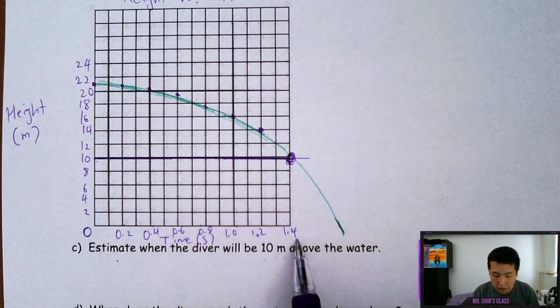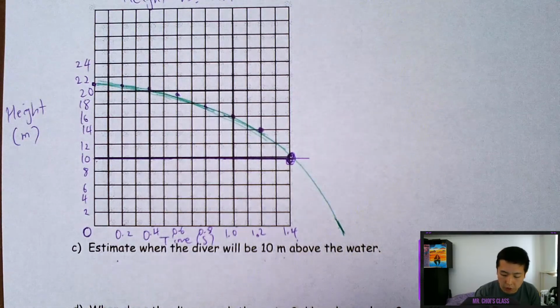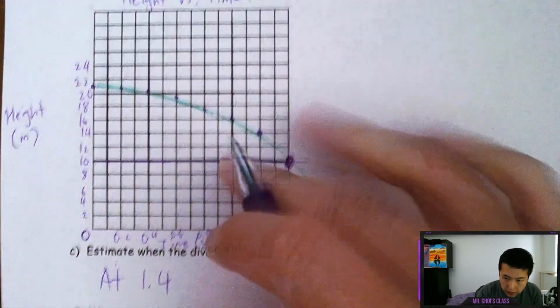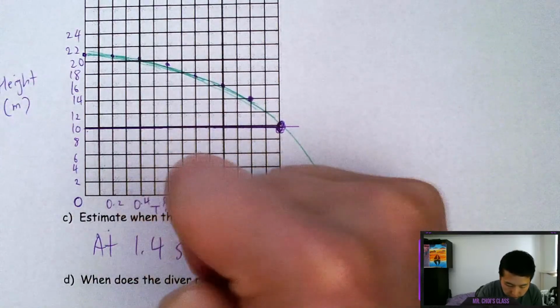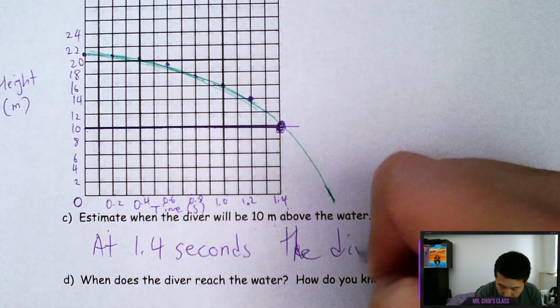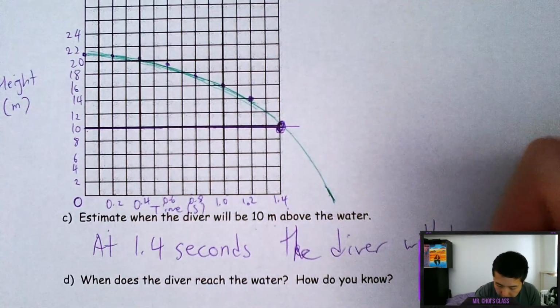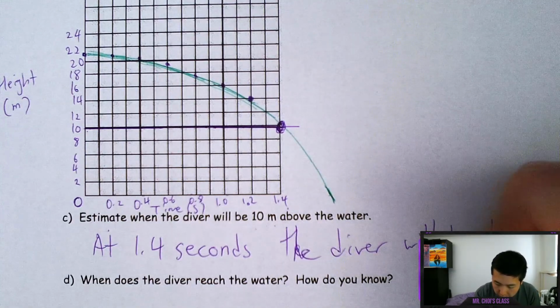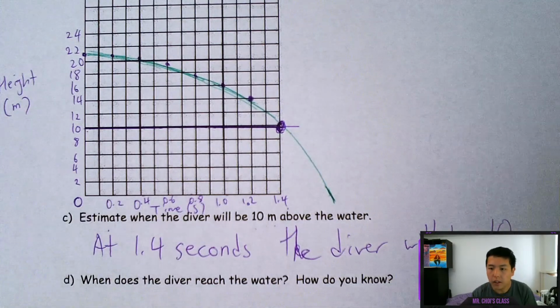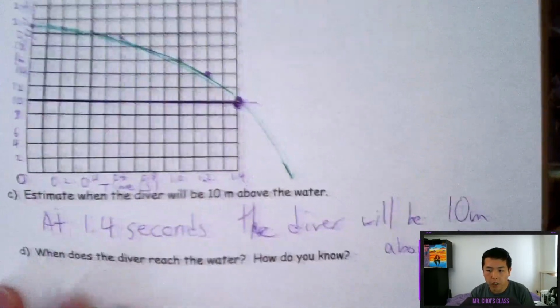So at 1.4 seconds, the diver will be 10 meters above the water. Okay? And so there we have it.